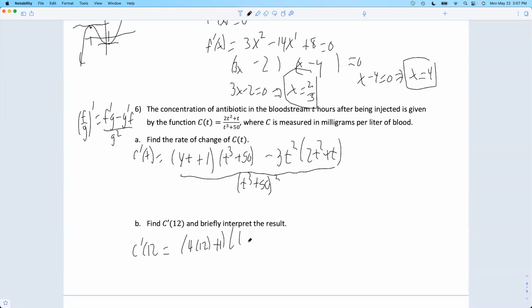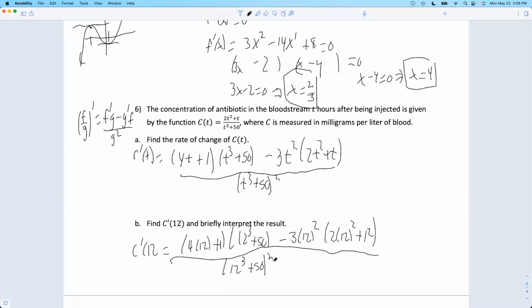Oops. 12 cubed plus 50 minus 3 times 12 squared times 2 times 12 squared plus 12 in parentheses, all over 12 cubed plus 50, and then whatever that is squared. Okay, I'm not going to make you watch me type this in a calculator, but that is something you'd want to be very careful of.